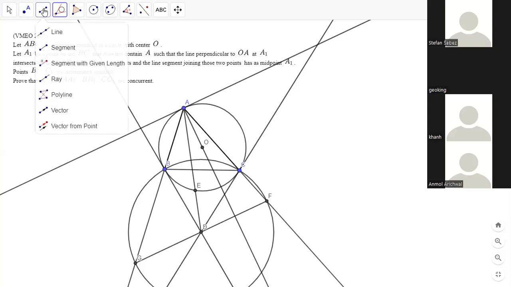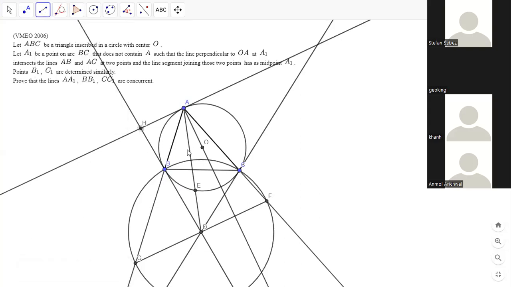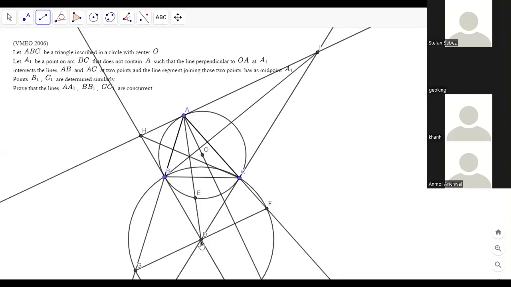Yeah, it's trivial, right? They're just saying that these three lines are concurrent. Okay. All right. So yeah, that's kind of too easy.